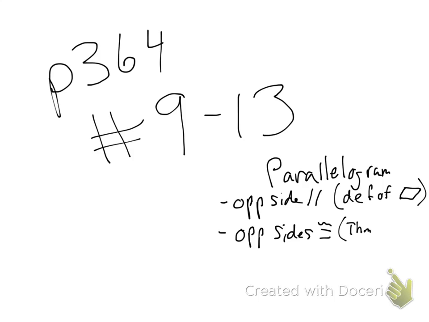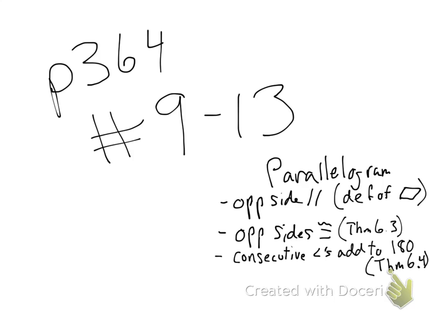And that was theorem 6.3. Consecutive angles add to 180. That was theorem 6.4. And finally, opposite angles are congruent. And that was theorem 6.5. There you go.